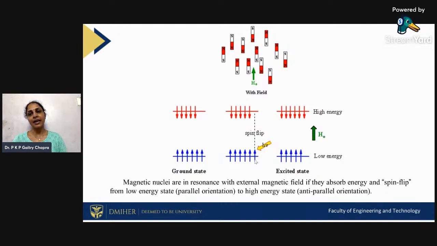So in order that your molecule gives you an NMR spectrum, there should be population inversion as well. That means the molecule which has gone to the higher energy state should also come down to the lower energy state so that the process is repeated and the NMR spectrum is obtained. For that, there are 2 types of relaxations. Relaxation is nothing but, next slide.